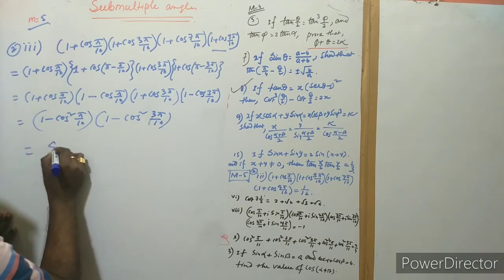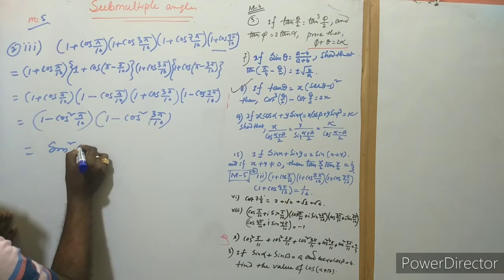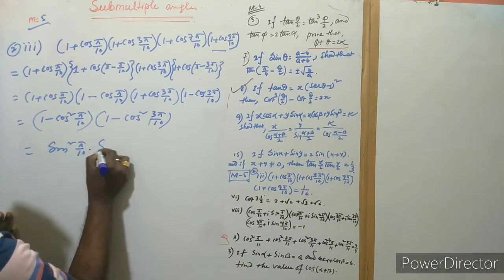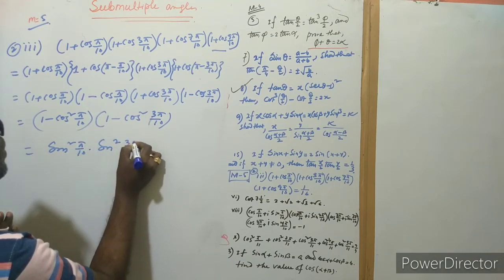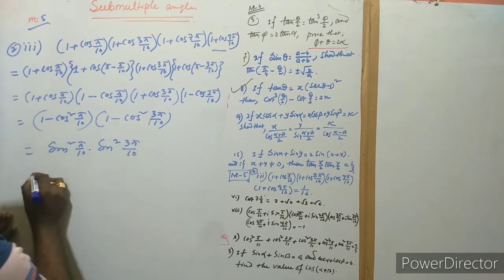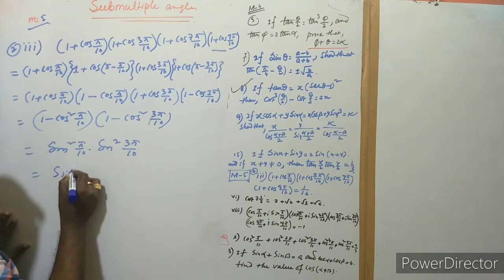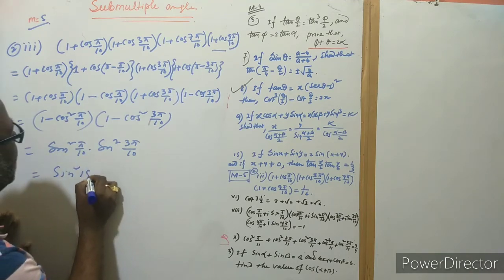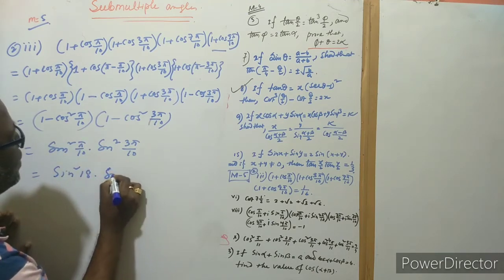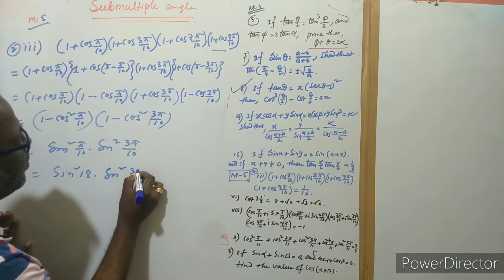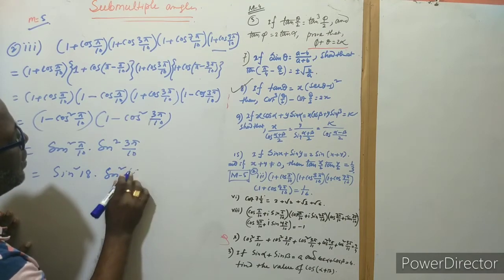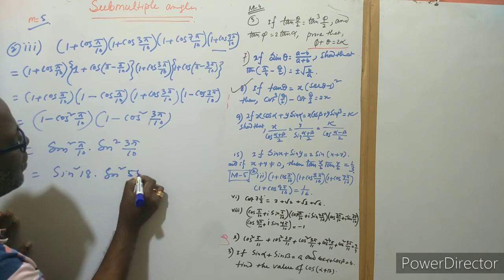So this is sine square pi by 10 and sine square 3 pi by 10. Sine square pi by 10 means sine 18 degrees, and sine square 3 pi by 10 is sine 54 degrees.